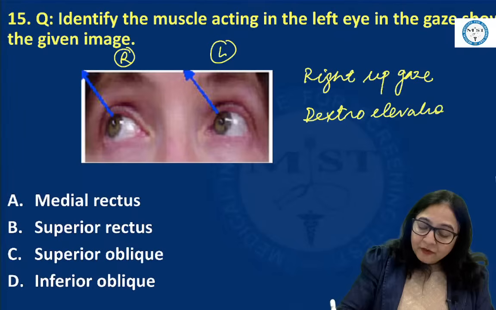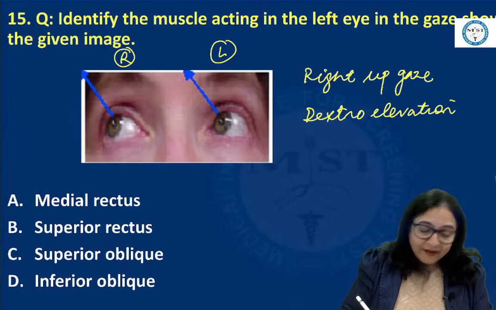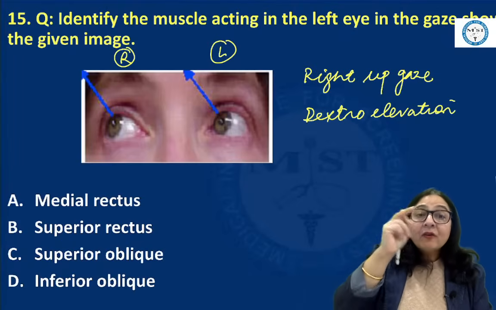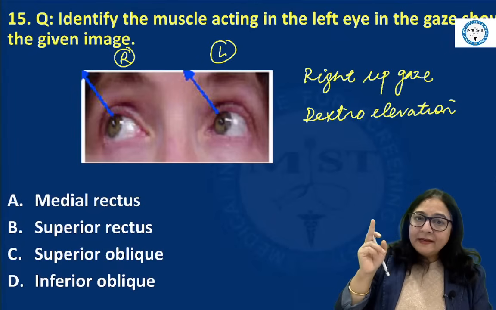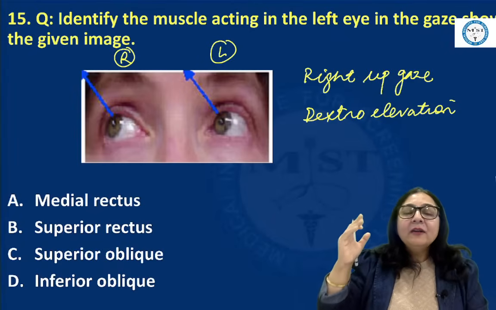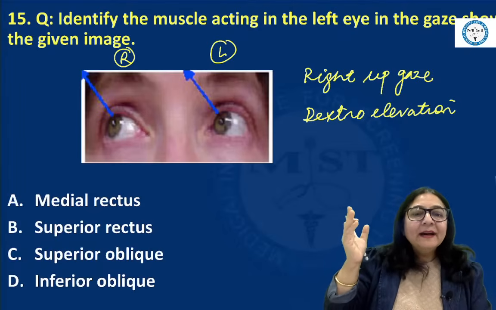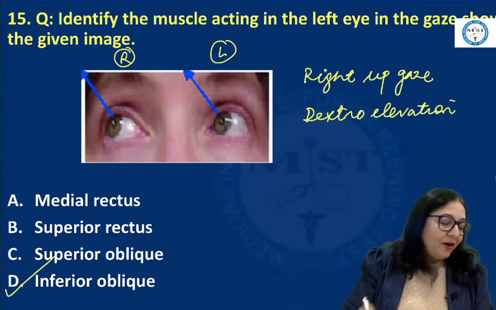Very good. When it is dextroelevation, the rectus of the same side, so in the right eye, superior rectus, and the yoke muscle will be the oblique in the other eye. So in the left eye, it is the inferior oblique which is acting.